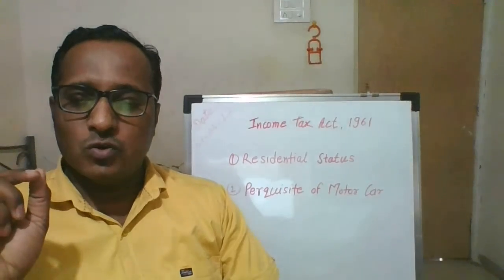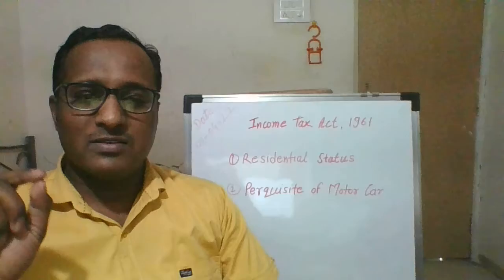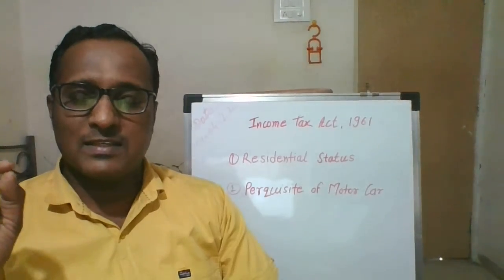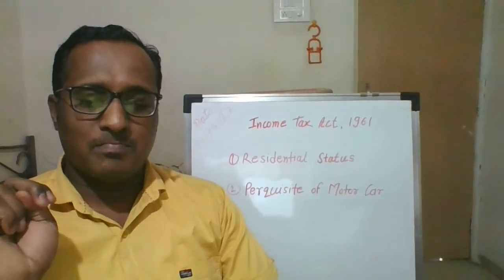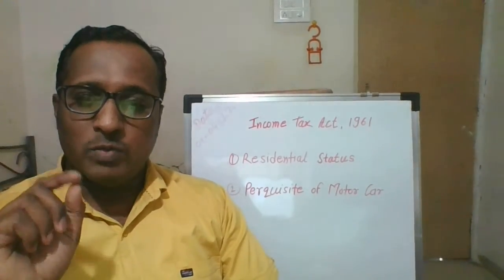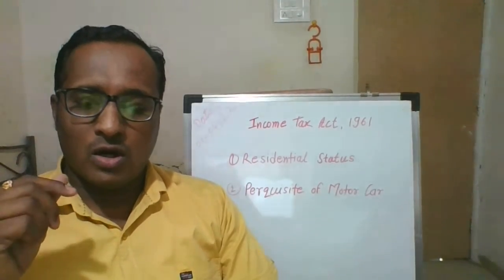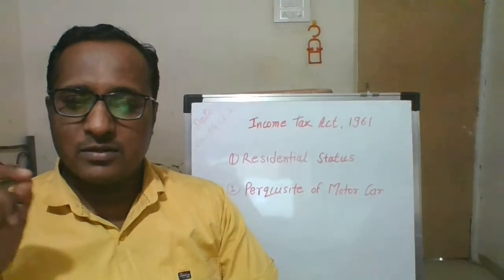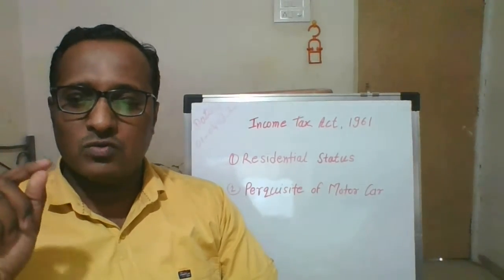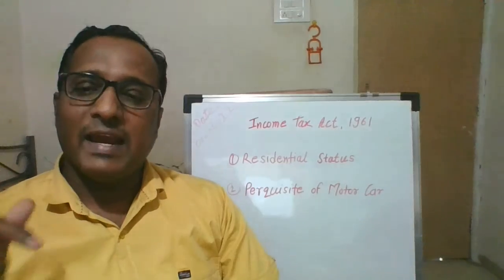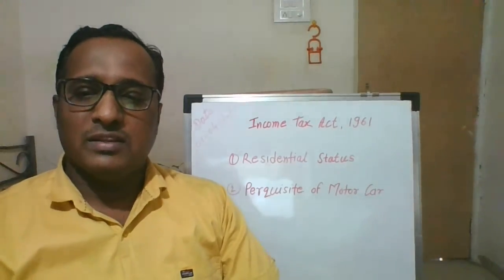The amount is rupees 1800 per month and also rupees 900 per month for expenses to be added. And condition number two: the cubic capacity exceeds 1600 cc or 1.6 liter engine. The amount is rupees 2400 per month plus rupees 900 per month for the expenses of that car.